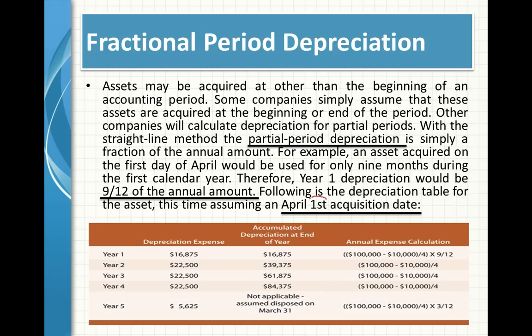Say April 1st. April 1st to 31st December is 9 months, so in the first year you calculate depreciation on 9 months only. Second year onwards, it will be the same.